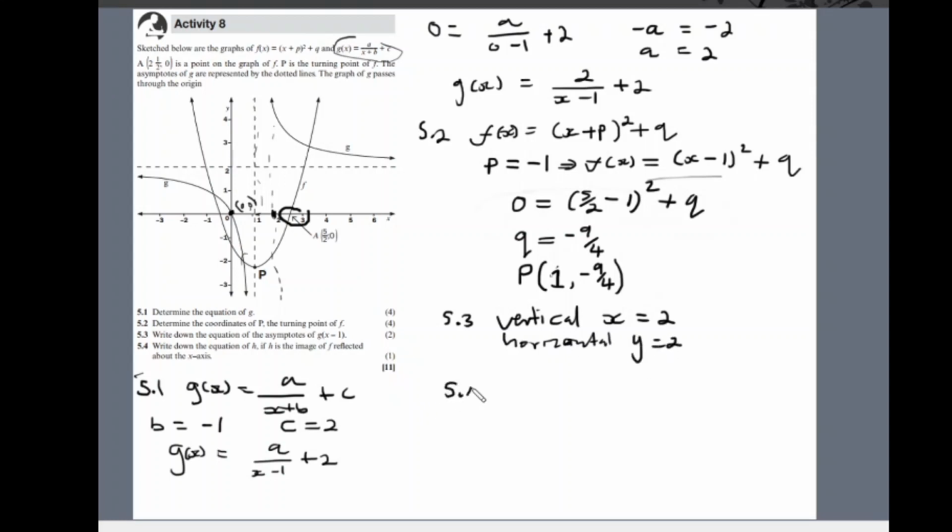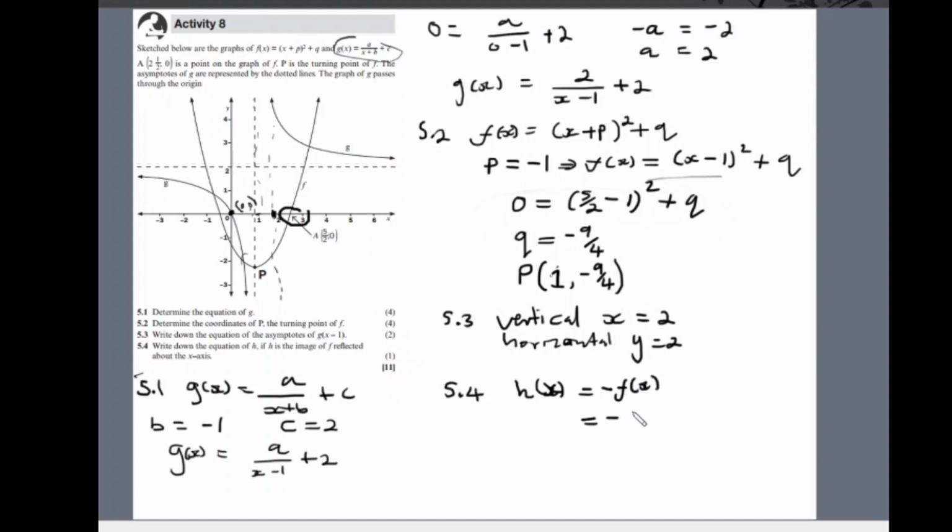And then question 5.4, we must write down the equation of h if h is the image of f reflected about the x-axis. So if we're reflecting f about the x-axis, we'll get h, which means h should be equal to the reflection of f about the x-axis, which is minus f of x, right?